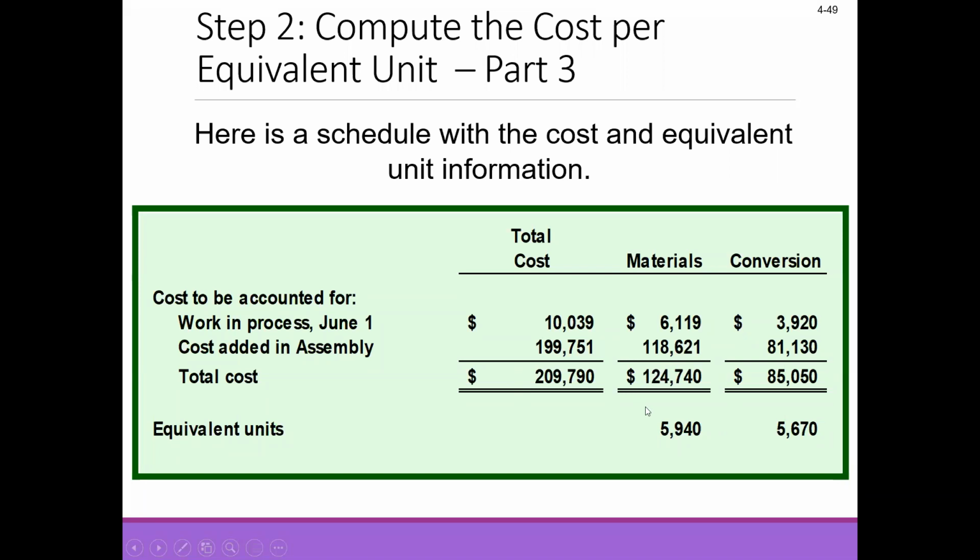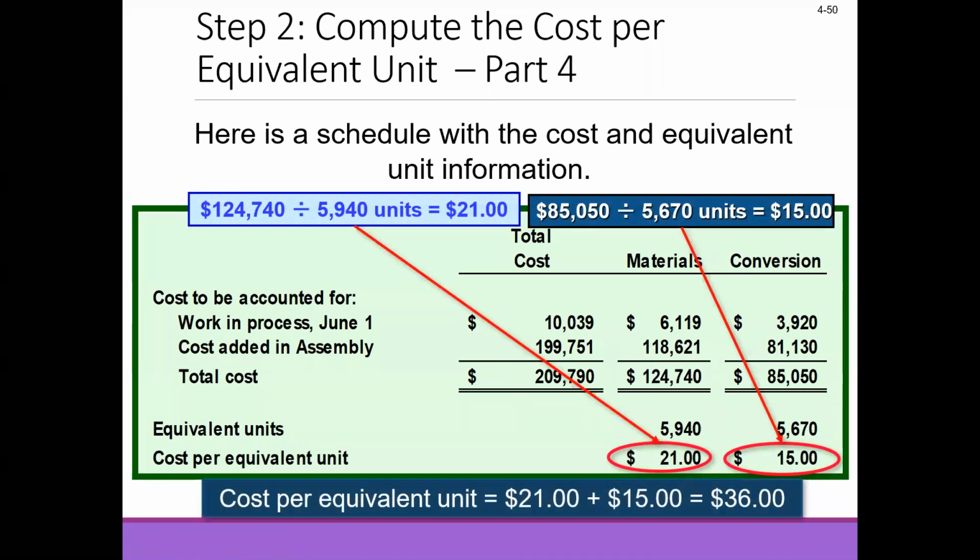We've got our equivalent units in materials and our equivalent units in conversion. So we see our cost per equivalent unit for materials is $21 per equivalent unit, and for conversion is $15 per unit. So the combination of the materials plus the conversion cost would give us $36 cost per equivalent unit.